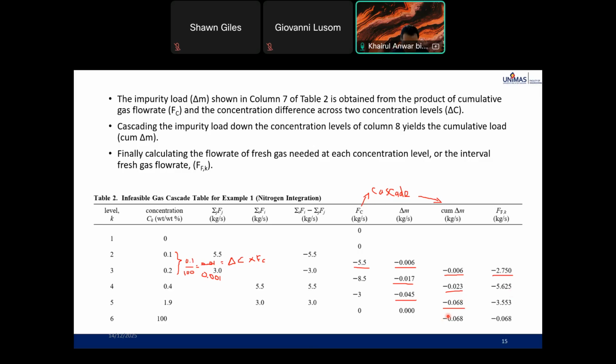The amount of interval gas flow rate FFK is obtained by dividing cumulative delta M by the difference between the concentration at level K and the fresh feed concentration.